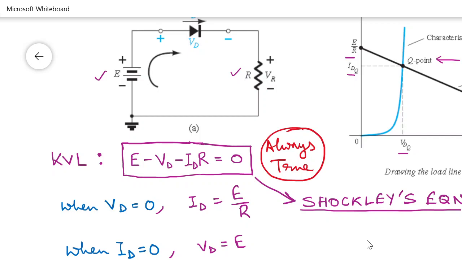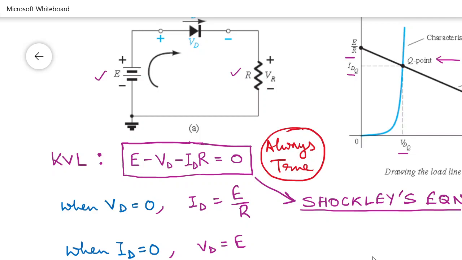So, we apply our common sense and we reduce the actual characteristics of the diode into approximate characteristics, which help us to solve the circuits in a much easier manner by utilizing equations only, not going into this sort of graphical approach of load line analysis.